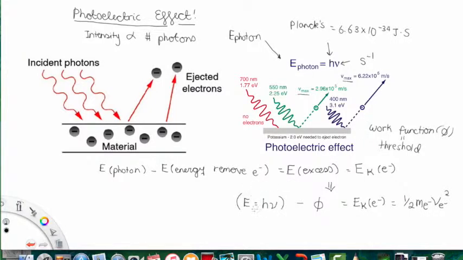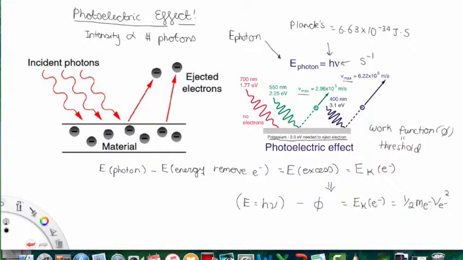Now we can rewrite this as the energy of the photon, E equals h nu, seen up here, minus the work function, which is the threshold that we talked about before. In this particular example, potassium needs 2.0 electron volts to eject an electron, so that's the threshold energy required.